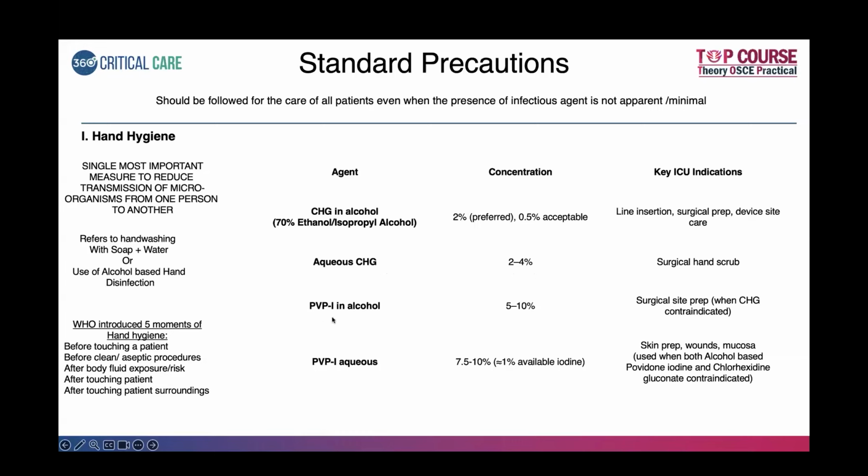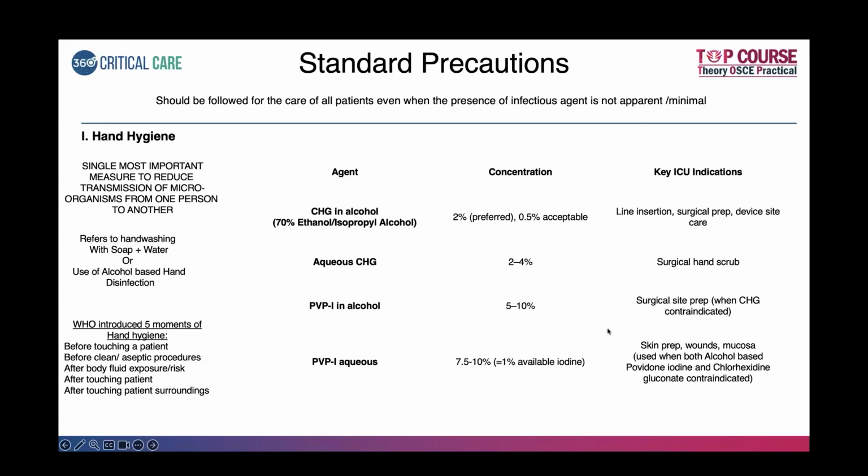Then you have povidone iodine, and you have two compositions of that: povidone iodine in alcohol and povidone iodine in aqueous form. Povidone iodine in alcohol comes in a concentration between 5 to 10%, and it is indicated as a surgical site preparation when chlorhexidine is contraindicated.